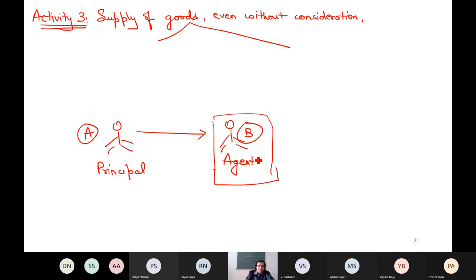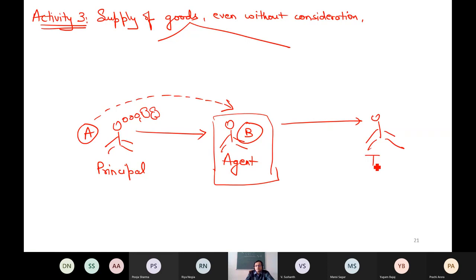Like if Mr. A has appointed Mr. B, A says to B that you will supply some goods on my behalf to another person. This is the third party.